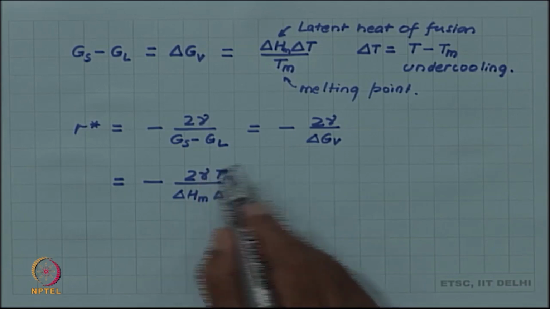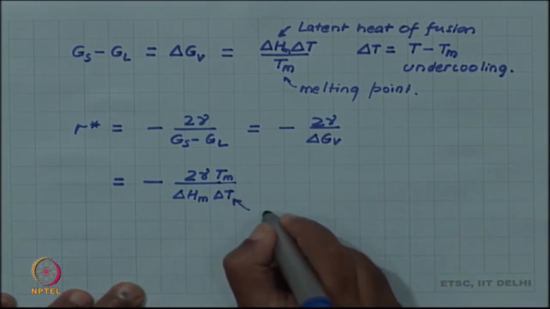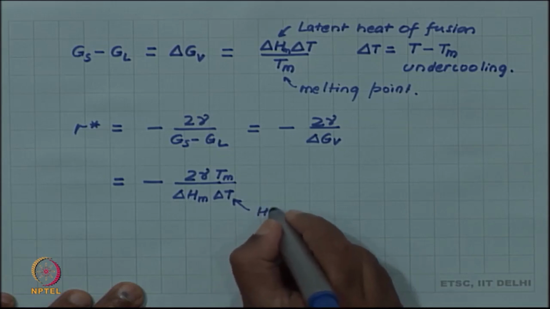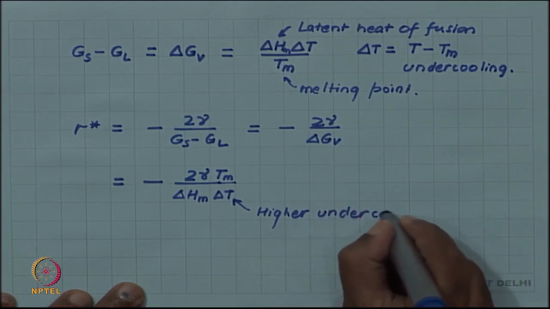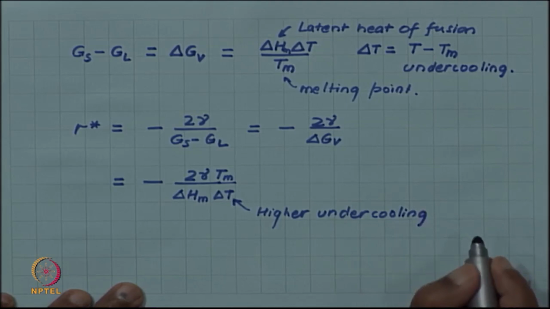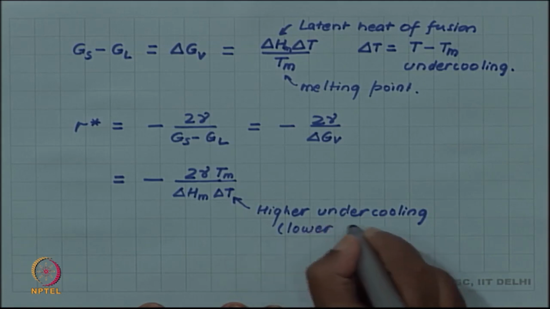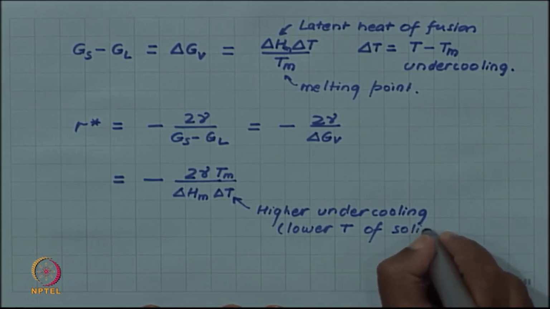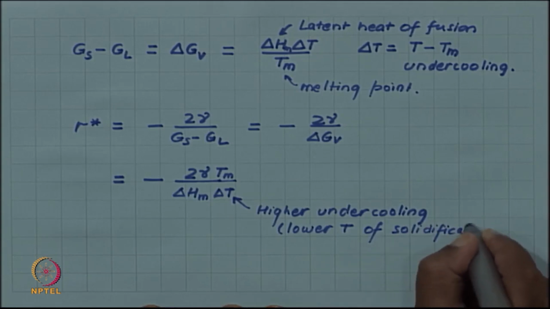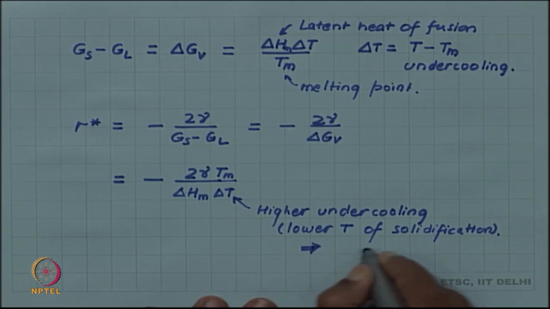For the moment, if we neglect the variation of gamma, then we can see higher is the undercooling, higher undercooling means lower temperature, will imply a smaller R star.